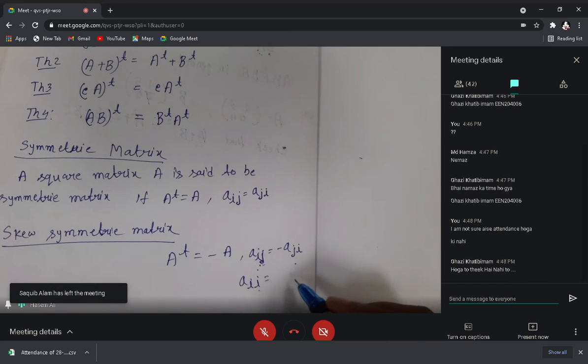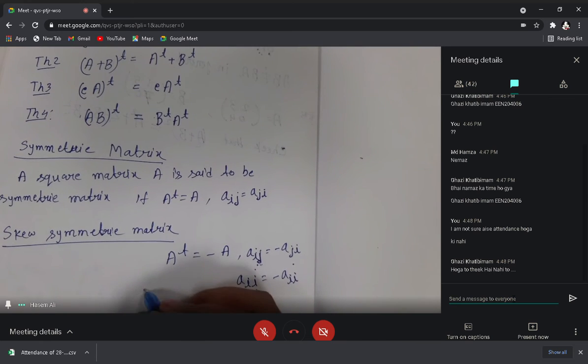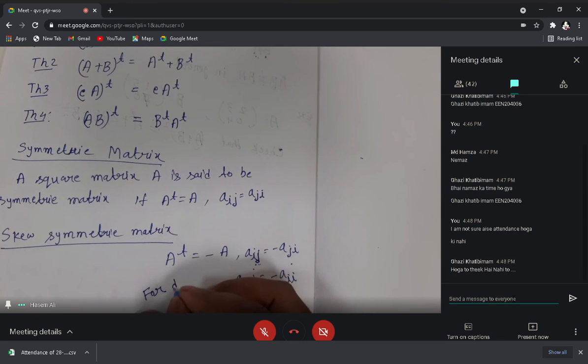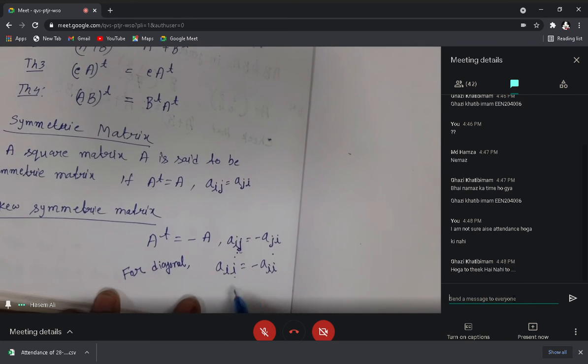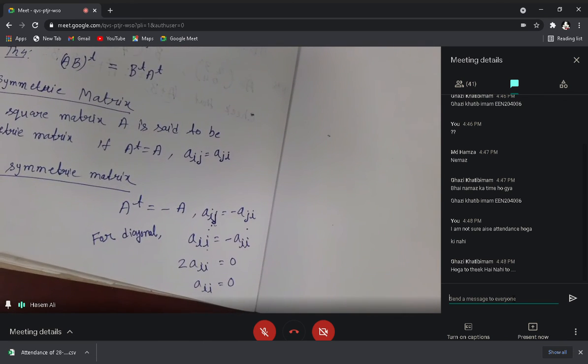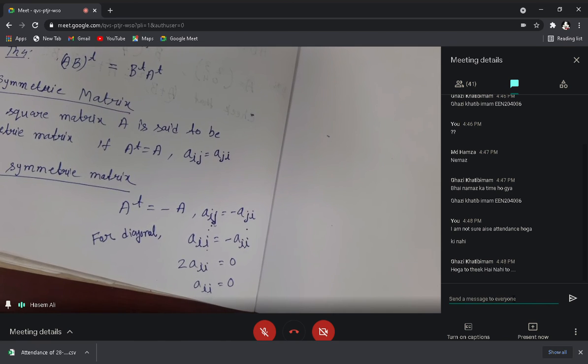So Aii equals minus Aii. So by this we have 2 Aii equals 0, so Aii equals 0. That means all the diagonal elements must be 0. So for a skew-symmetric matrix, all the diagonal elements must be equal to 0.